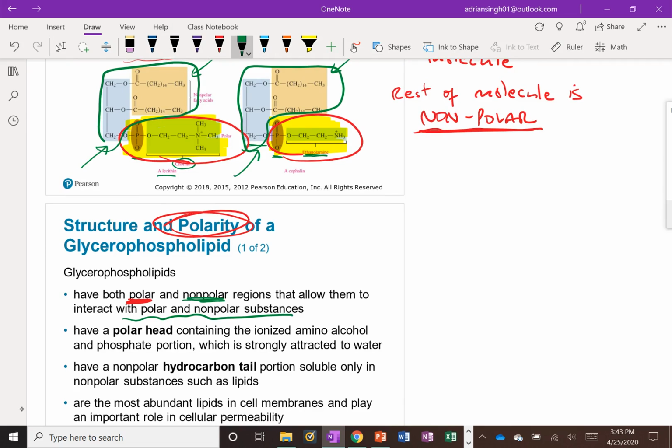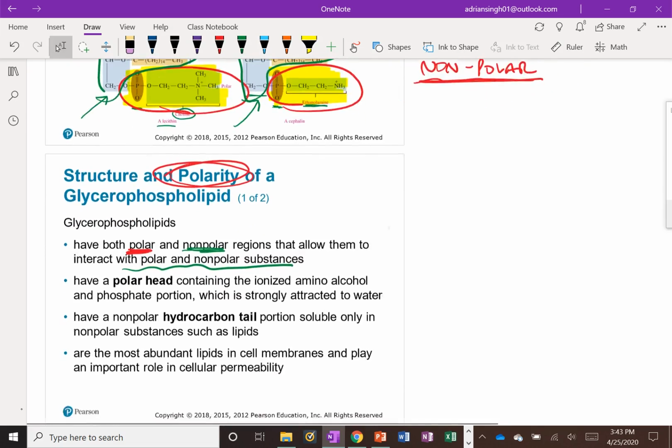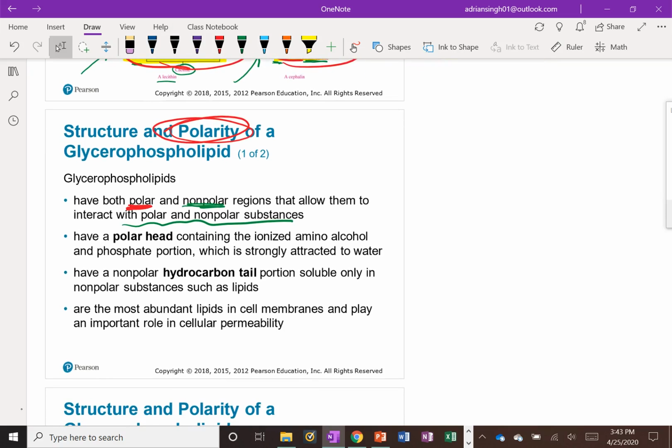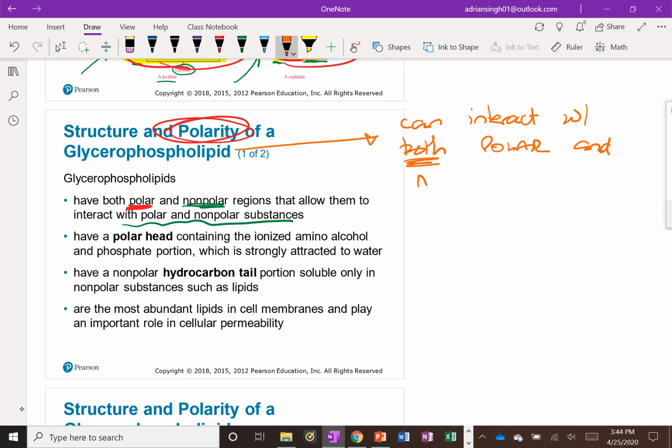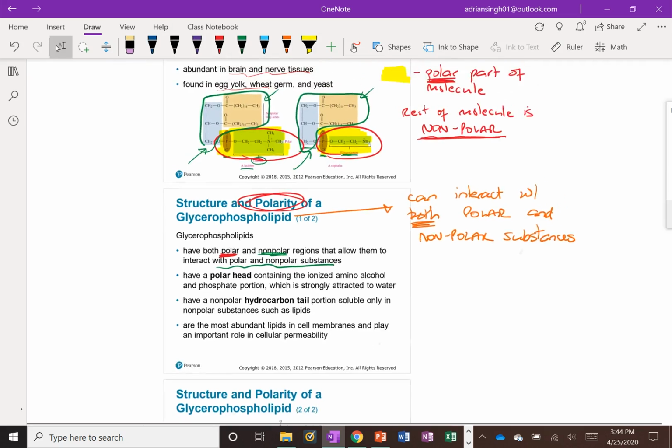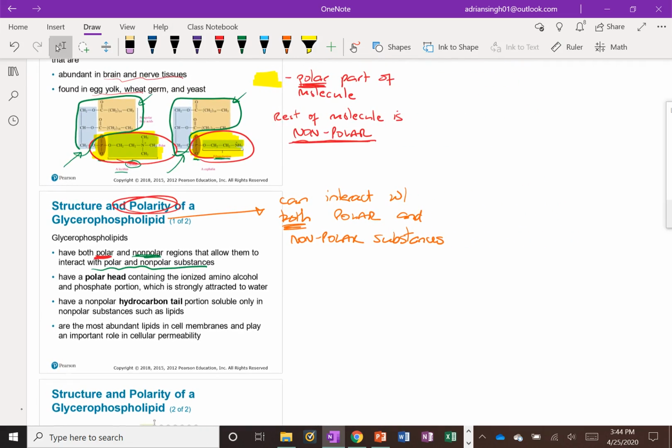right? And that's an extremely important characteristic of your glycerophospholipids, right? They can interact with both polar and non-polar substances, because they do possess both a polar region and a non-polar region.